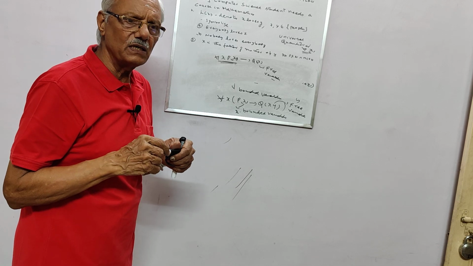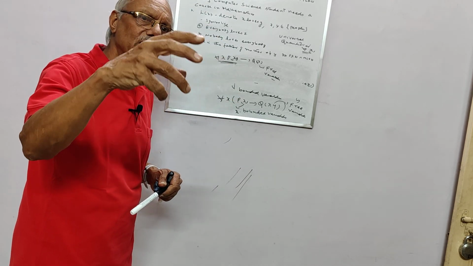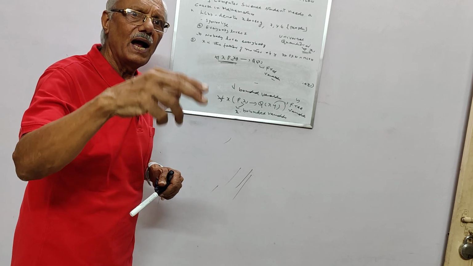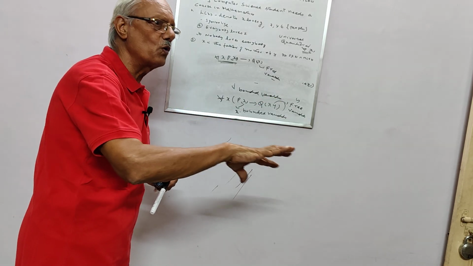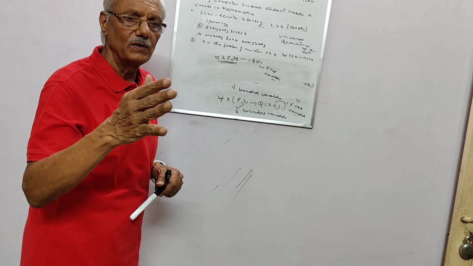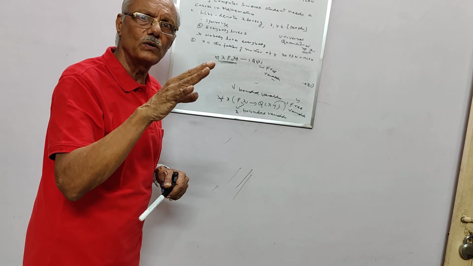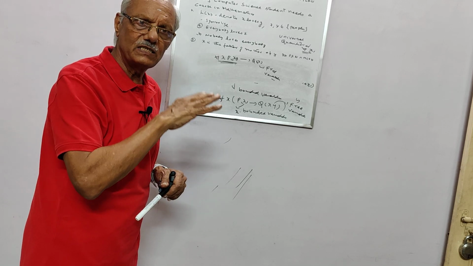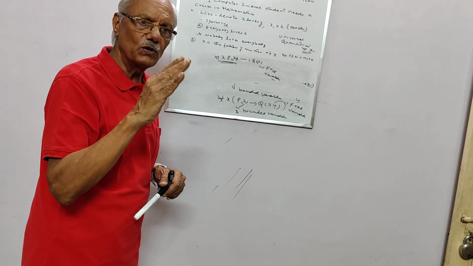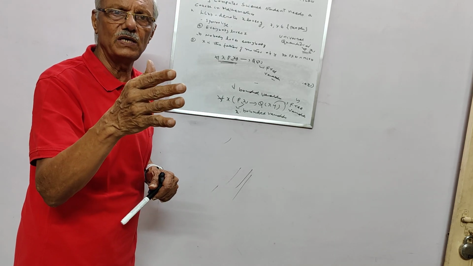If a quantification comes for a certain variable, that variable will be called a bounded variable, and the variable for which there is no quantification will be called a free variable. Can you catch my point? I'll repeat this. In a particular given compound proposition, that is in predicate calculus, if the quantification comes for a variable, it will be called a bounded variable.